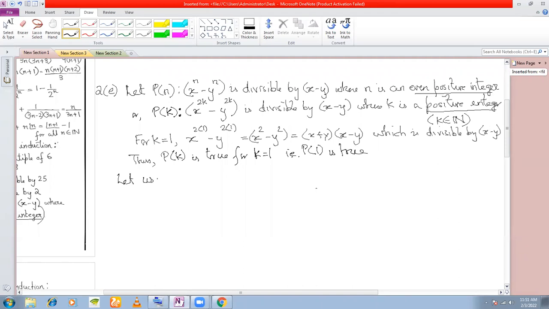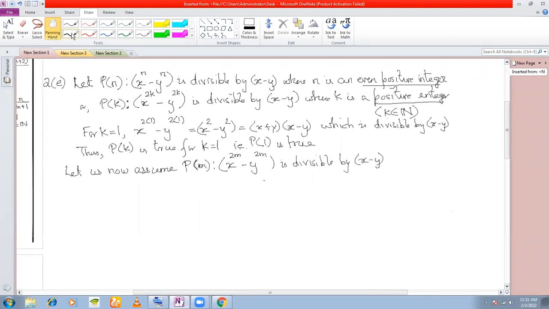We'll now assume the statement Pk. So let us now assume Pm. Okay, let us now assume Pm. What is Pm? x to the power of 2m minus y to the power of 2m is divisible by x minus y, where m is a positive integer.